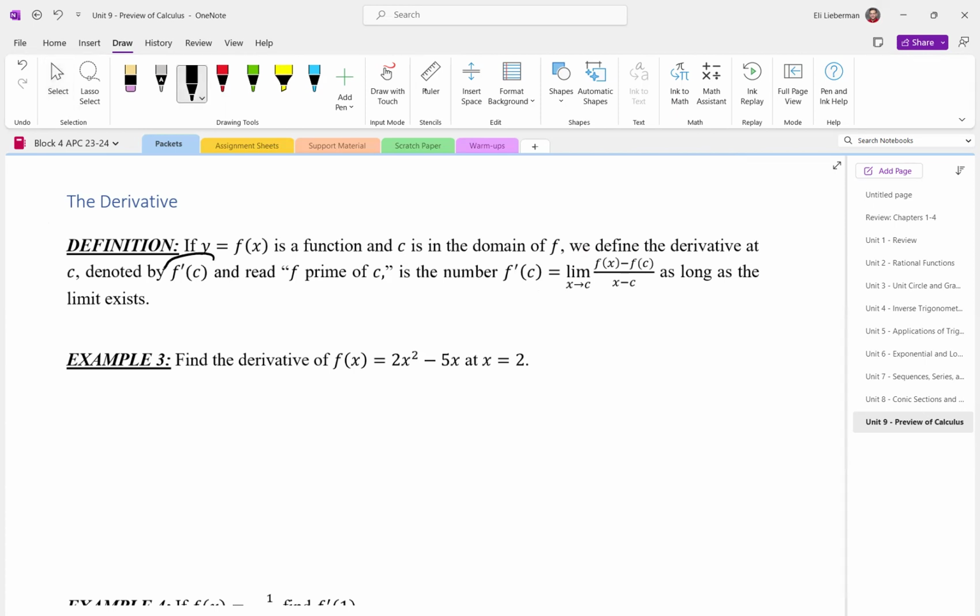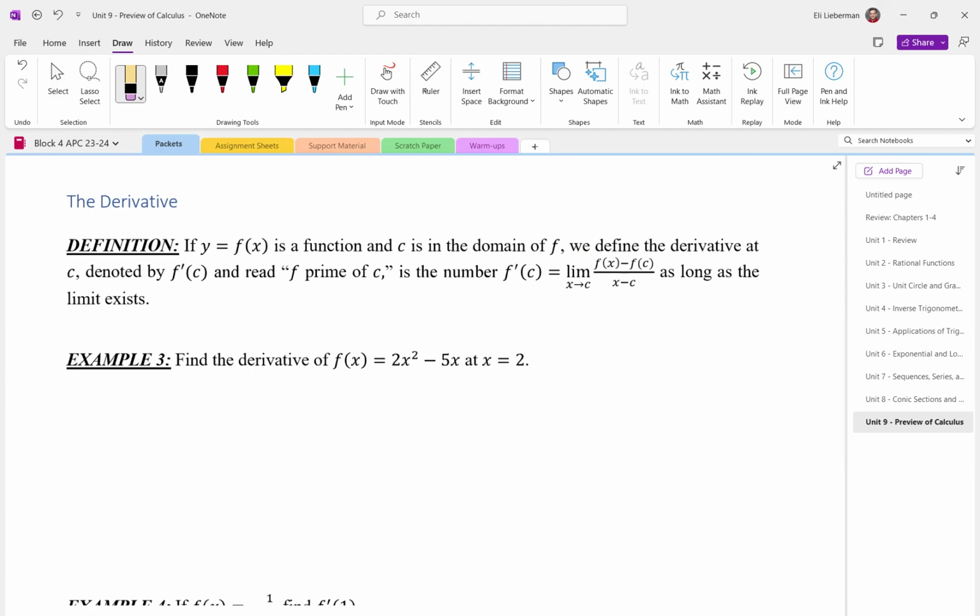When you see that expression with an apostrophe, it is read f prime of c, and by definition that means the derivative of f at value c, which means we're looking for the slope of the tangent line when x equals c.